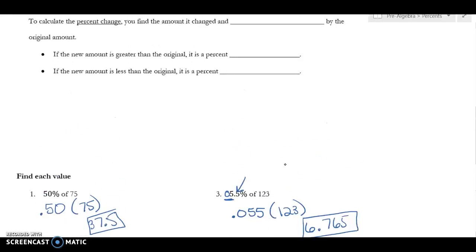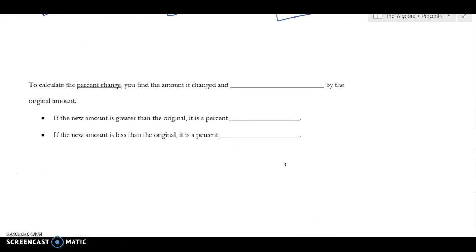All right, let's go up here and look at what percent change is. To find the percent change, you need to find out how much it changed and divide by the original amount. So the fraction is change over original.